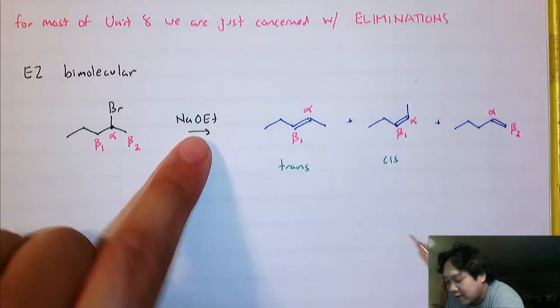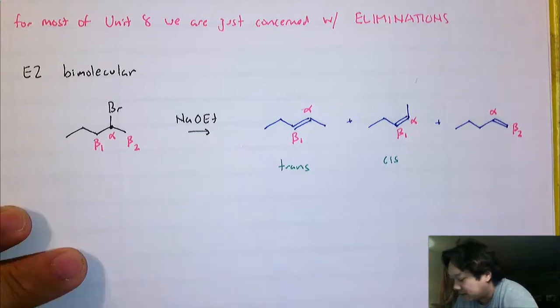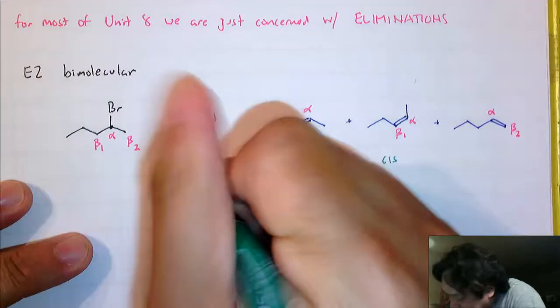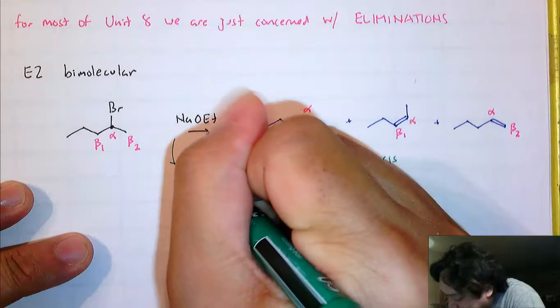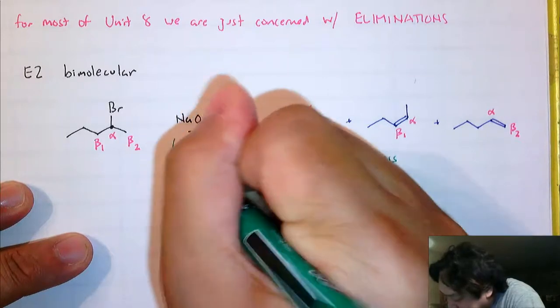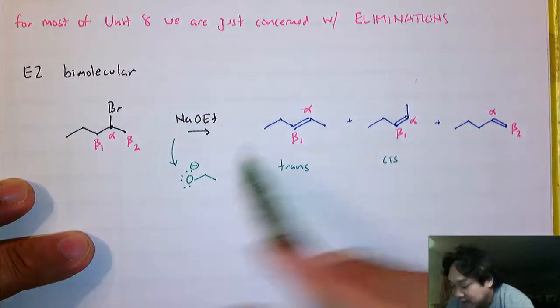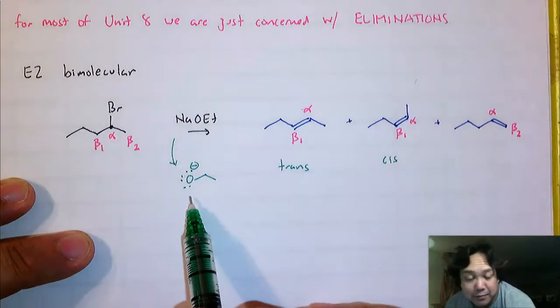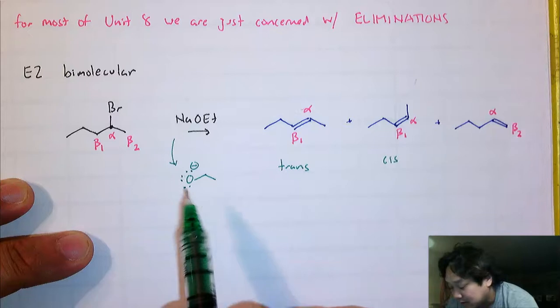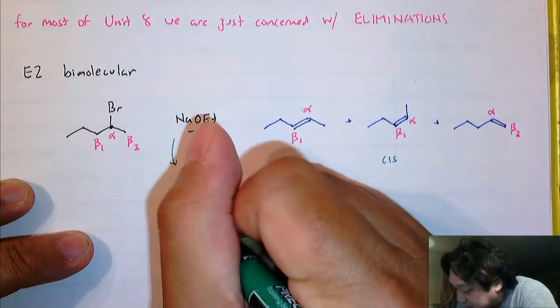When you have a strong base, you've got to remember, this is a salt. We have Na plus, OEt minus. Et stands for ethyl. It's an abbreviation. Okay, so this is our base, and it's a strong base.